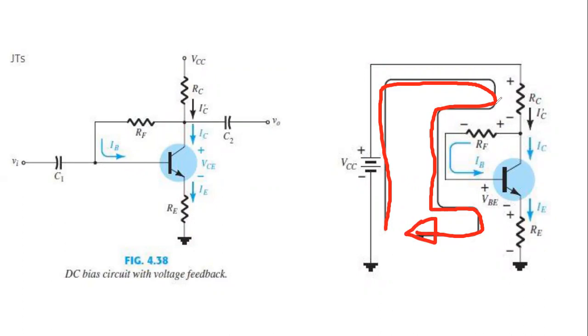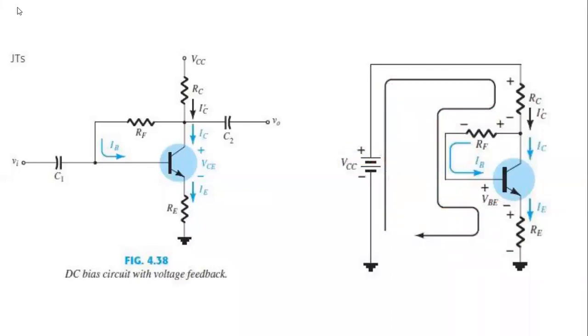You take VCC and the current will be here. Suppose I'm taking this positive, the first sign, that is plus VCC. Then it will be minus RC I prime C. Then it will be IBRF. Then it will be minus VBE, and finally minus IERE. We will apply the KVL.